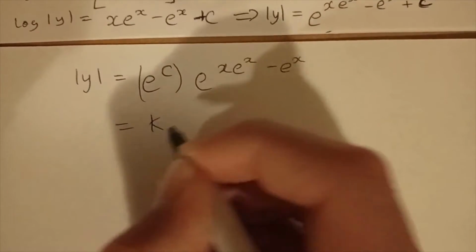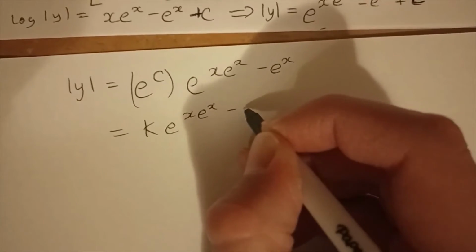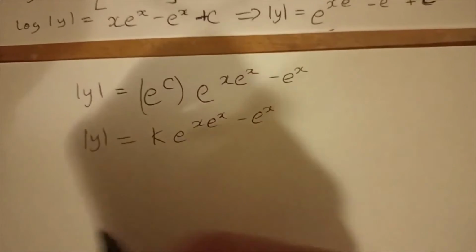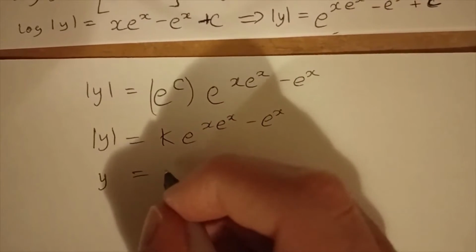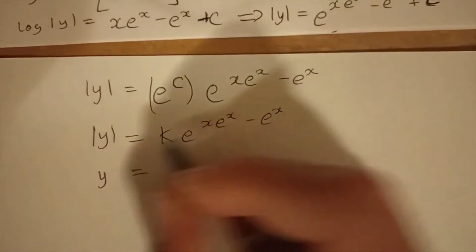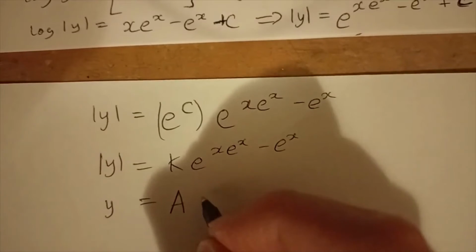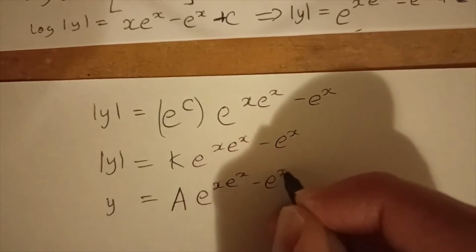So we've got k e to the power of x e^x take e^x. Again, we can remove the absolute value sign, so it will be plus or minus this, which I'll just write as a e to the power of x e^x take e^x.